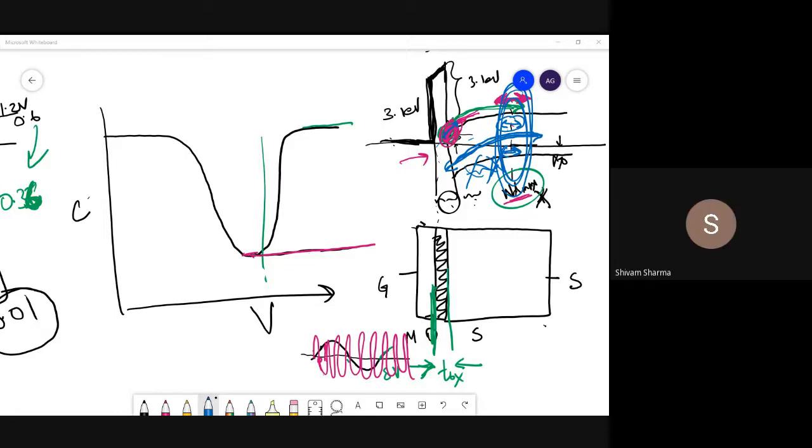Sir, in the inversion region, if we are increasing at high frequency, there is no change in capacitance. But at low frequency, capacitance is changing. Sir, at low frequency, if we are applying a sinusoidal wave, we have both positive and negative voltage applied. So why is capacitance increasing only, not decreasing from here?